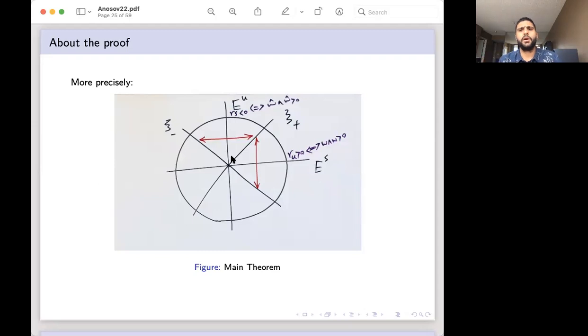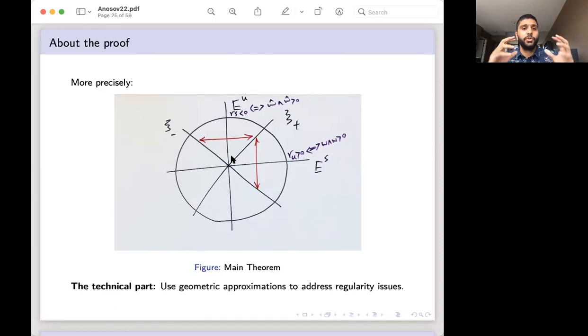That is not really a hard computation, but as I mentioned, the main difficulty is to show that everything works in a C0 setting, which is the setting that we're dealing with. All this splitting, and the splittings of these foliations, are all going to be C0.